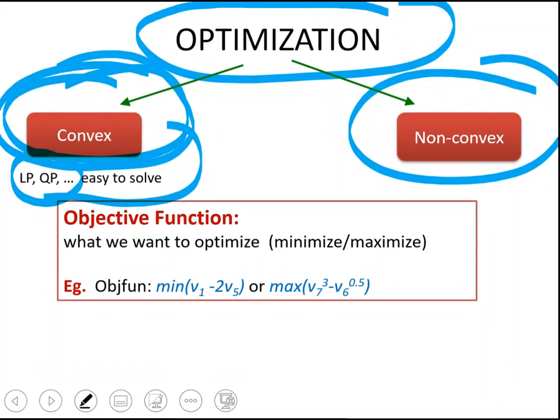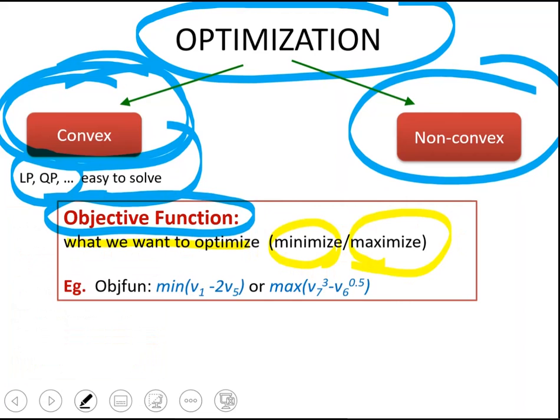If you have an optimization problem, you need an objective function. We already talked about this. So objective function tells us what we want to optimize, what we want to minimize or what we want to maximize. Here you see example objective functions.